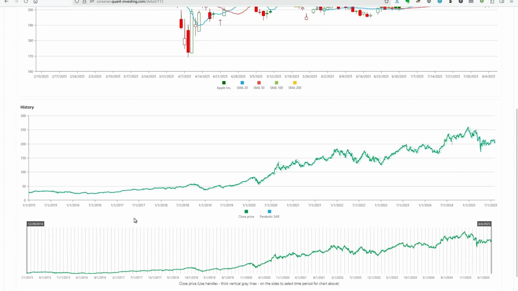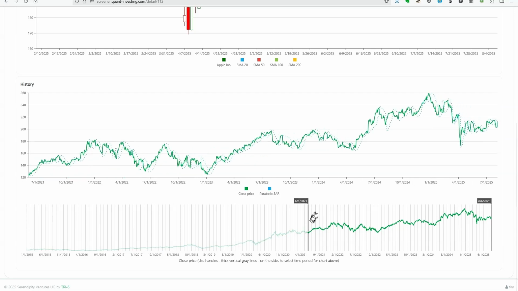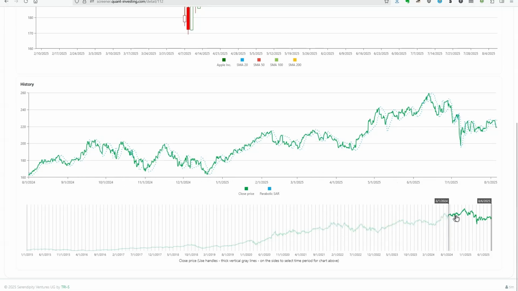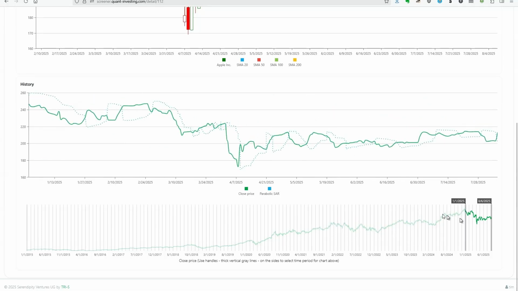And if you scroll down, here is a 10-year chart for Apple, and you'll see there's another chart below with these gray vertical lines. If you drag these vertical lines, you can see shorter parts of this chart above. So say, for example, if you only want to see the 2005 chart of Apple, then you can just drag it there and it'll show you what the stock price did in 2005.